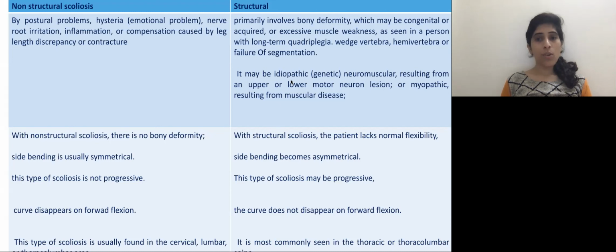The structural scoliosis has a lack of normal flexibility. So the person will not have that much normal flexibility.